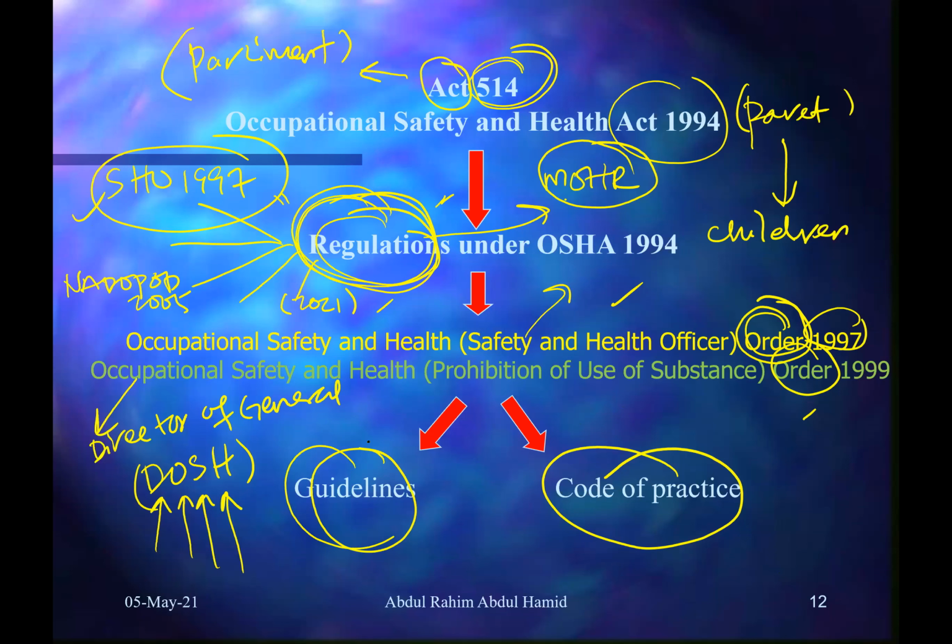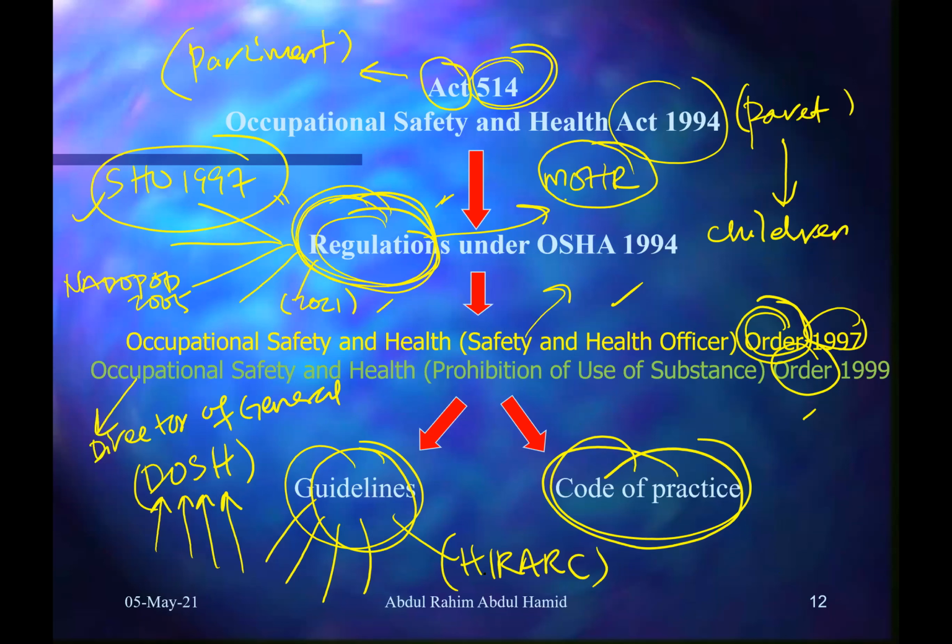Now we are coming to the last two. We call it guidelines. An example of a guideline, there are many guidelines, such as HIRARC. We are going to learn about HIRARC in our third class, called risk management.